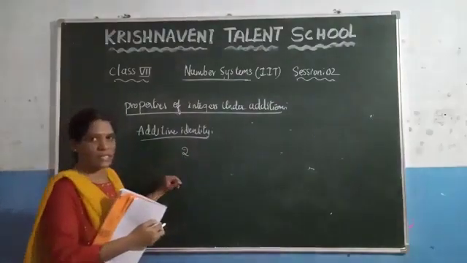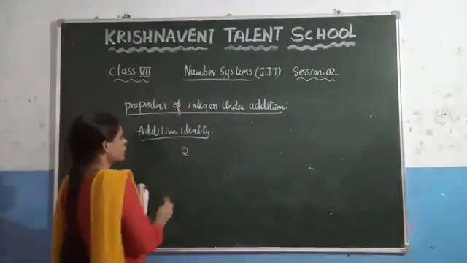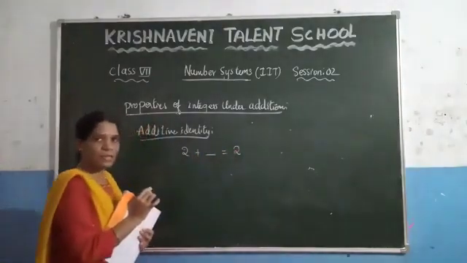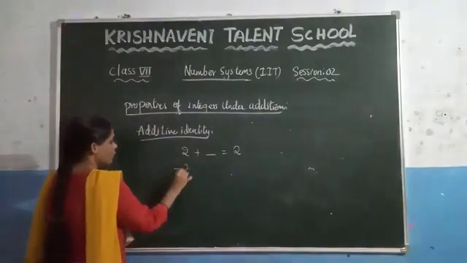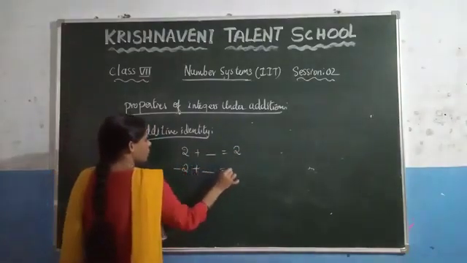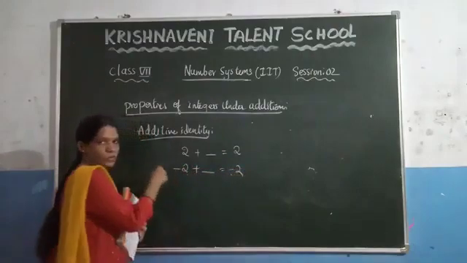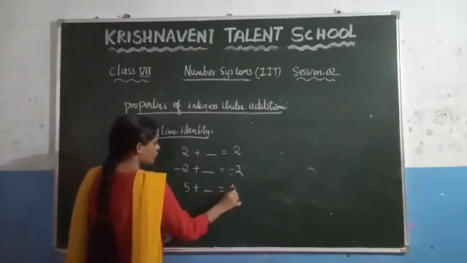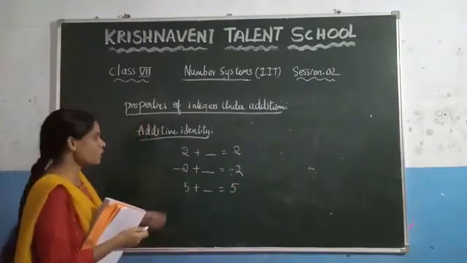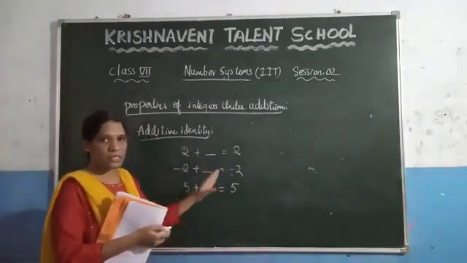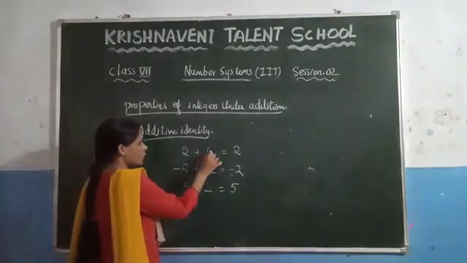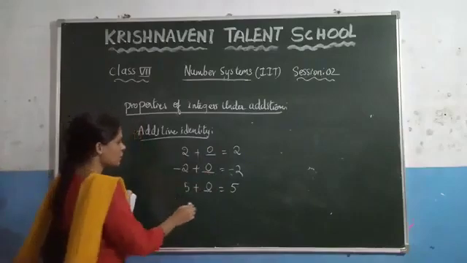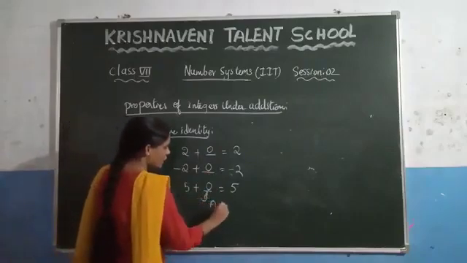If you consider any integer, since we are talking about the integers, you need to add one number such that you get the same number as the result. Consider minus 2 plus something, you have to get the same number. And consider a few more numbers, 5 plus this one, you have to get the same number. Which number do you need to add such that you get the same number? You know that if you add 0 to any number you will get the same number. So this 0 we call an additive identity.